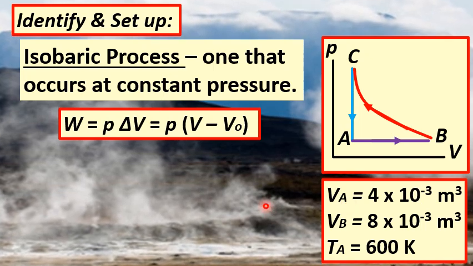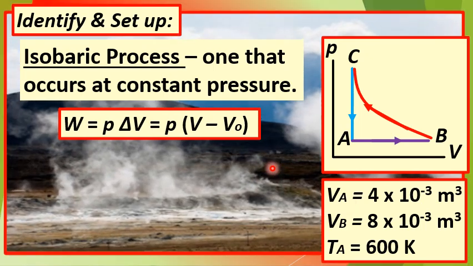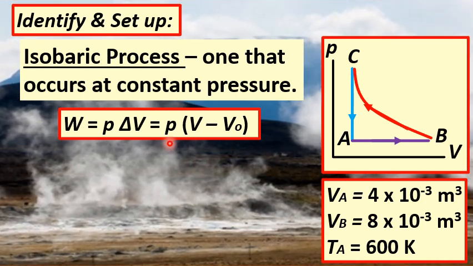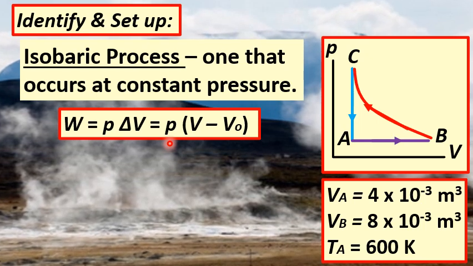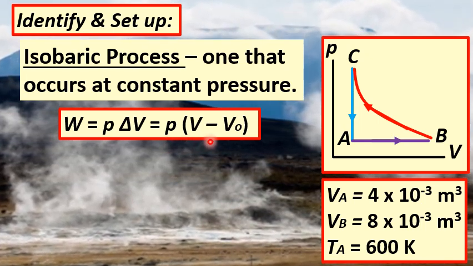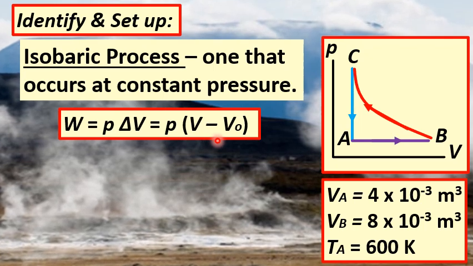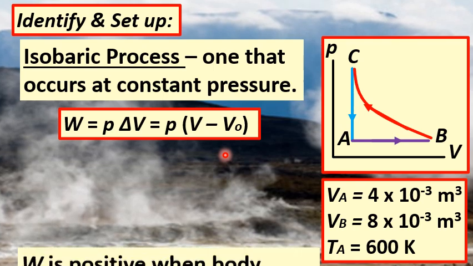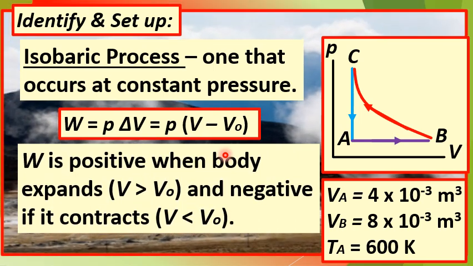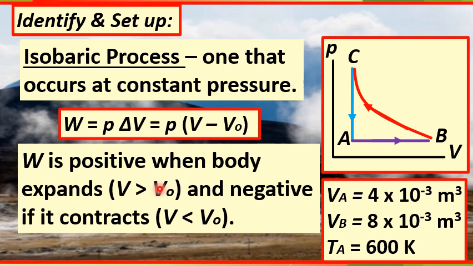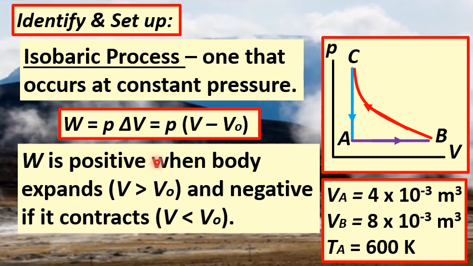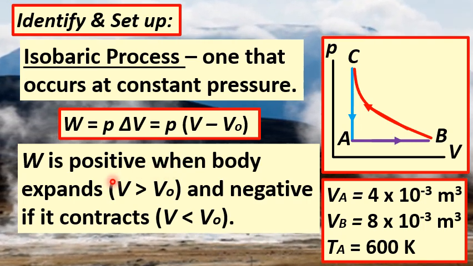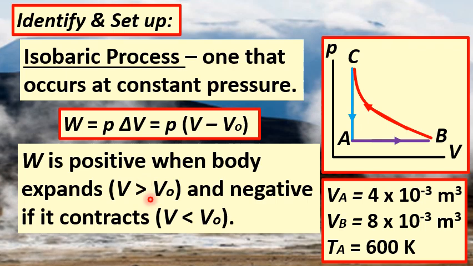The work done by the gas in going from state A to state B is just the product of the constant pressure and the volume difference, which is the final volume minus the initial volume. And we say that the work done W is positive when the gas expands, and it is negative when it contracts or gets compressed.